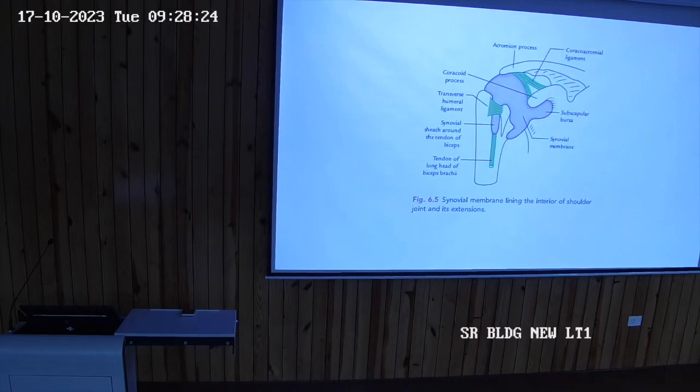The function of the bursa is for the free movements of the joint. The tendons of the muscles can freely move during the joint movements without any friction. That is the function of the bursa. So bursa allows the free movement of the tendon without any friction.